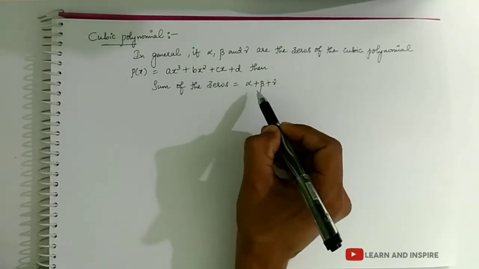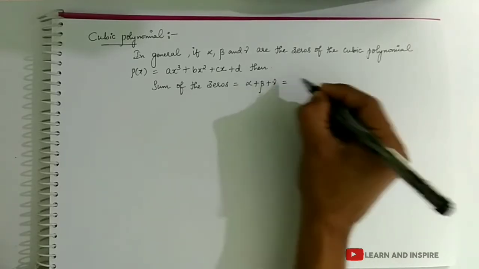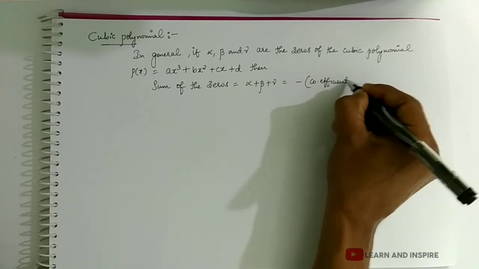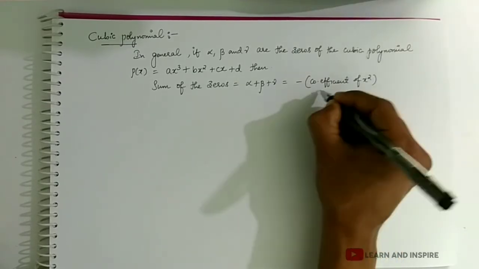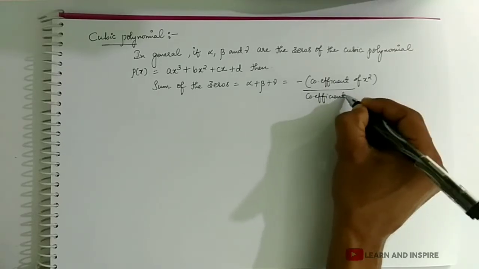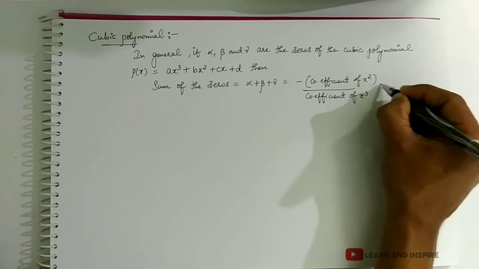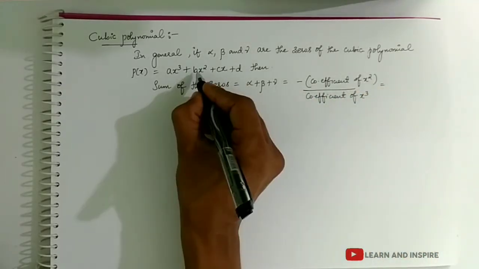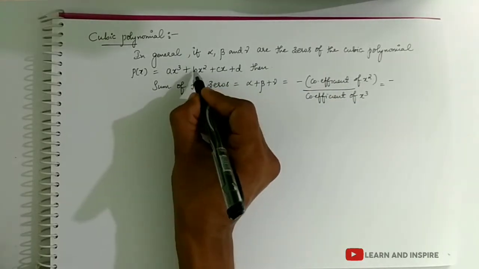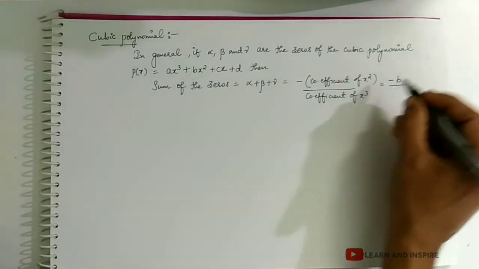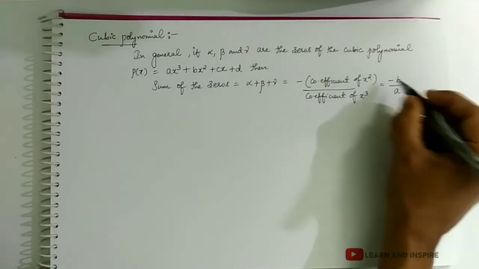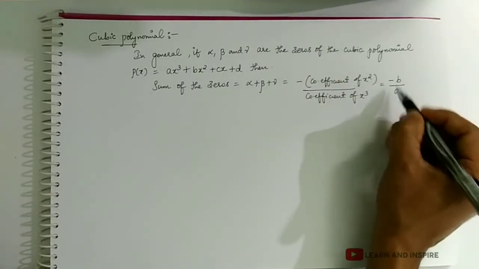The sum of the zeros, alpha plus beta plus gamma, is equal to minus of the coefficient of x square divided by the coefficient of x cube. The coefficient of x square is b and the coefficient of x cube is a. So the sum of the zeros is minus b by a.